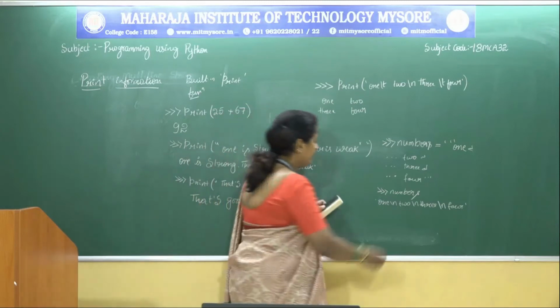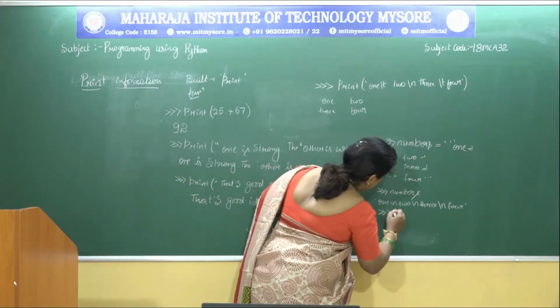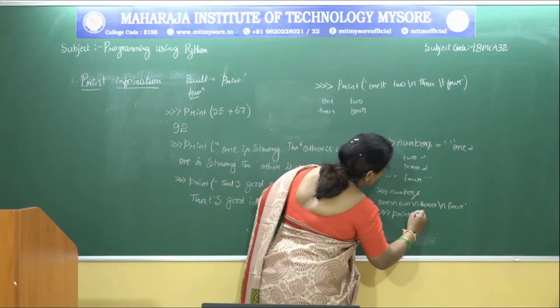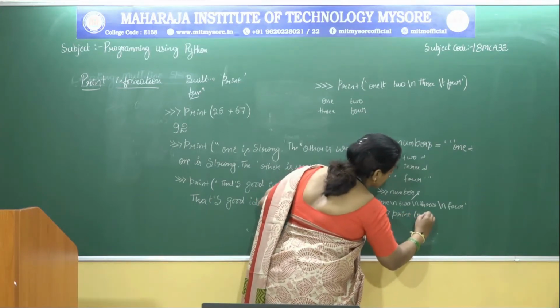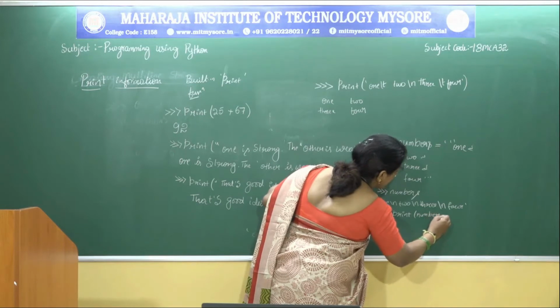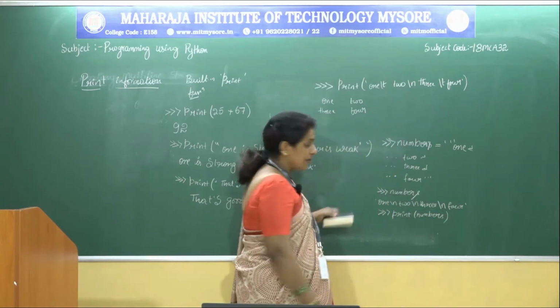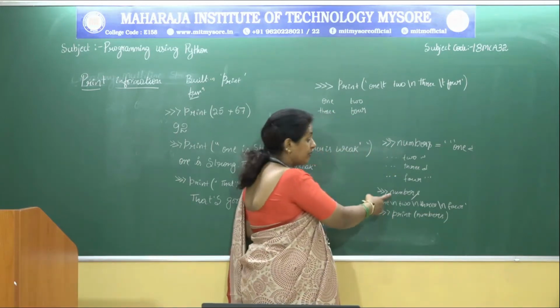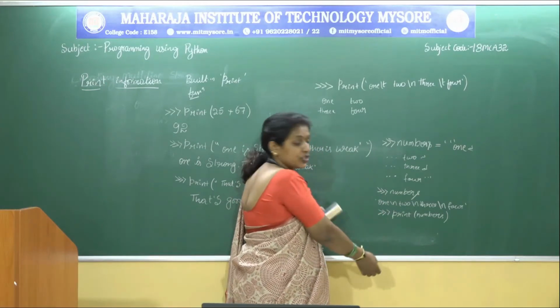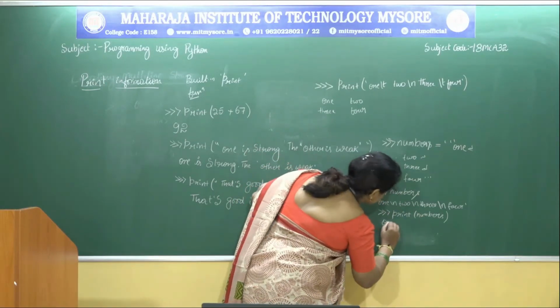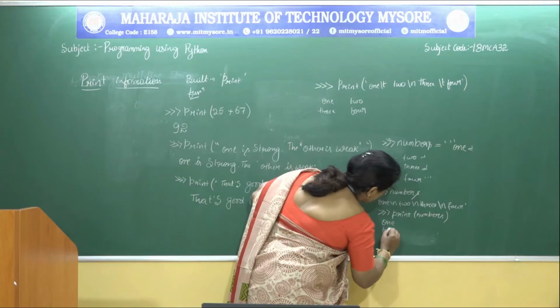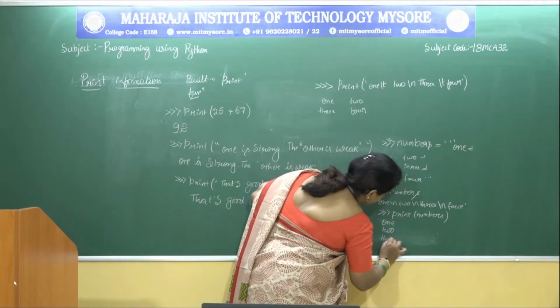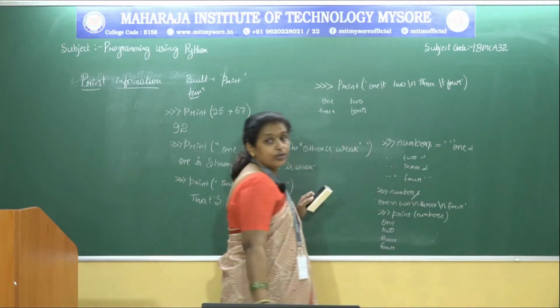If you are using print numbers, the same variable with the print function, the output of this will be like this: 1, 2, 3, 4.